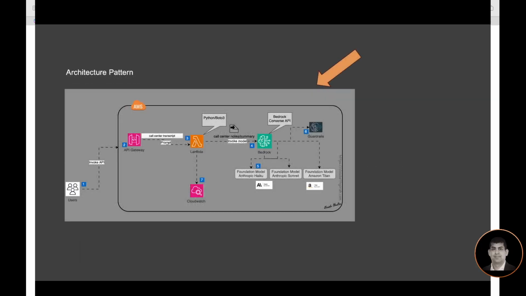This is the architecture, pretty straightforward. We have a consumer that's invoking the API via API Gateway, passing the call center transcript as a prompt, which is getting consumed by a Lambda function that is invoking the Bedrock using the Converse API.